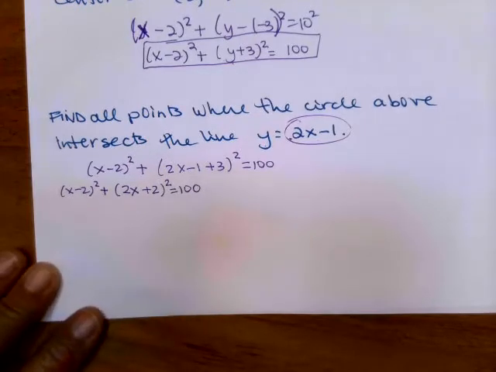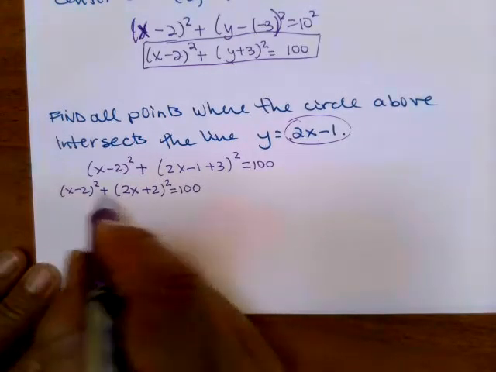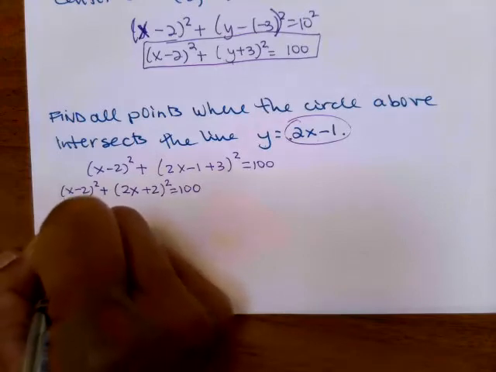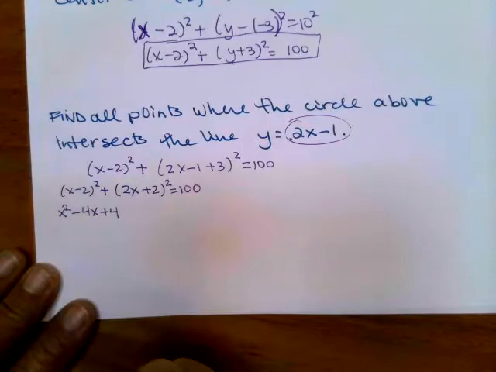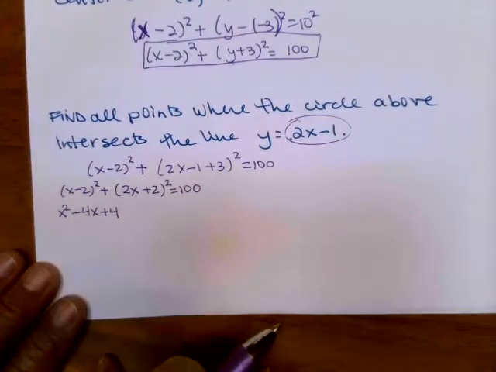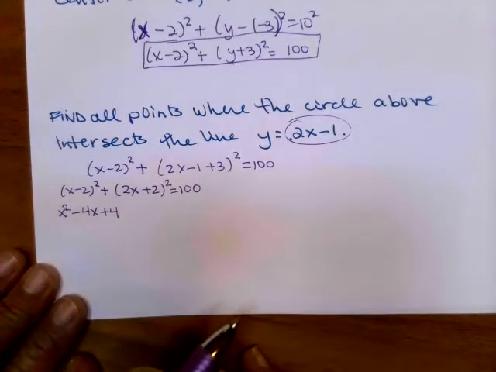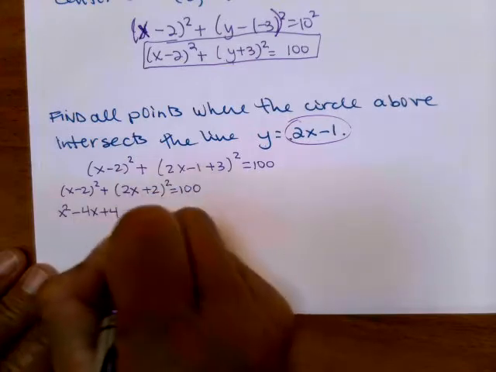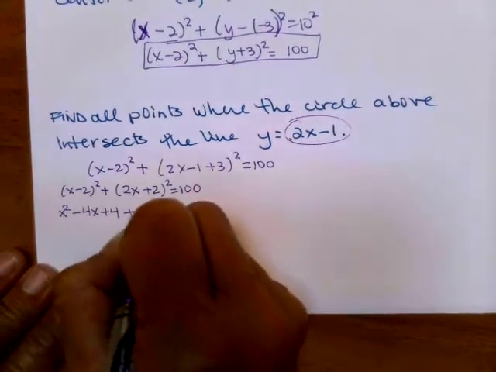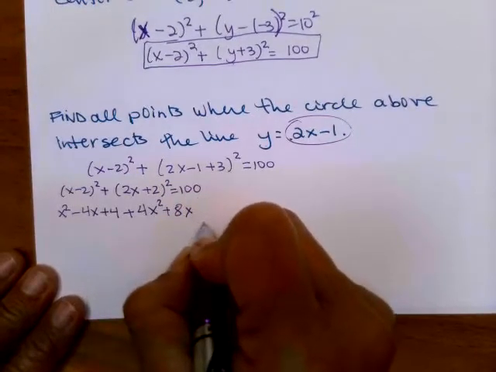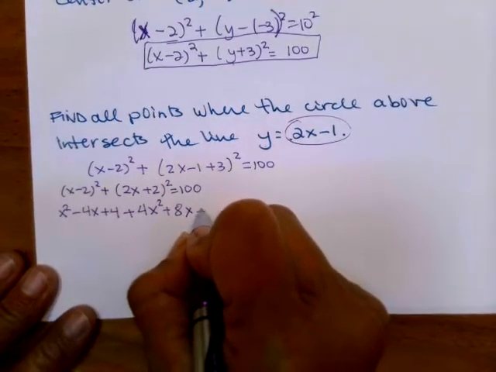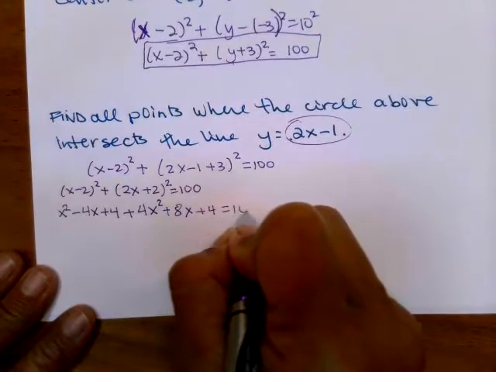So instead, I'm going to have to expand both of those binomials. We'll get x² − 4x + 4. If you didn't get that, go ahead and write out the (x − 2)(x − 2) in FOIL. Doing the next one, plus 4x² + 8x + 4 equals 100.